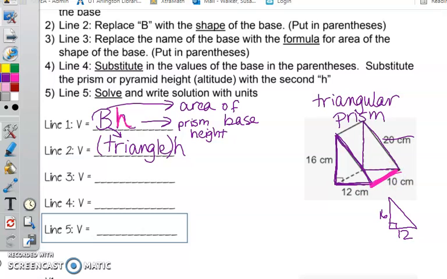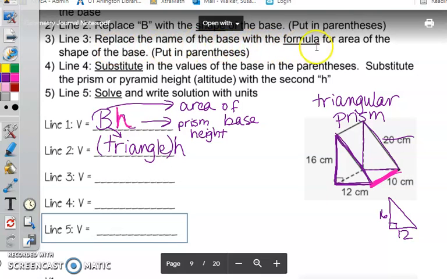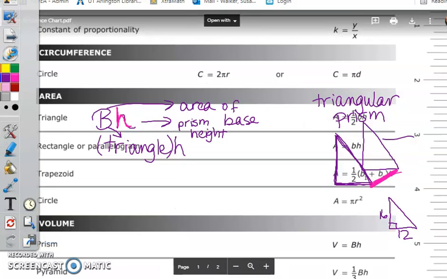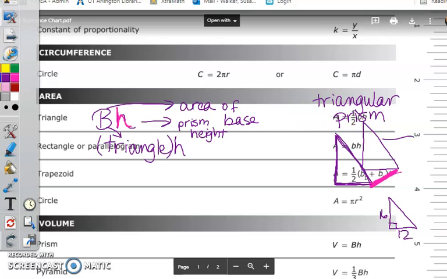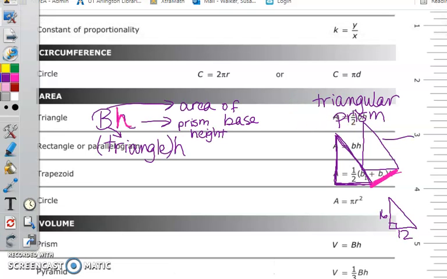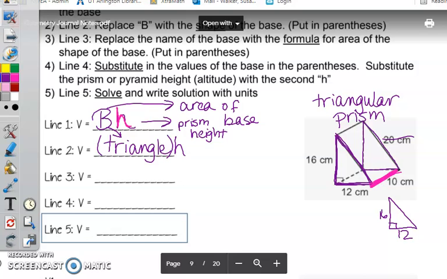Now, replace the name of the base with the formula for area of the shape of the base. The base is a triangle. A equals half B H. And this is why we do this.